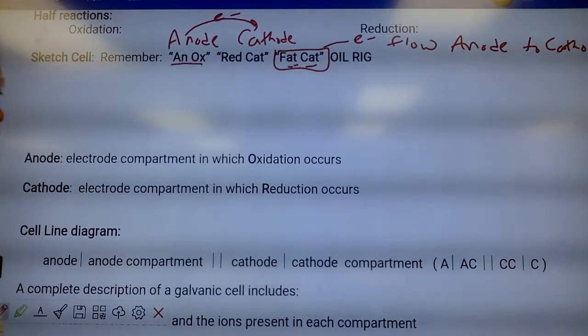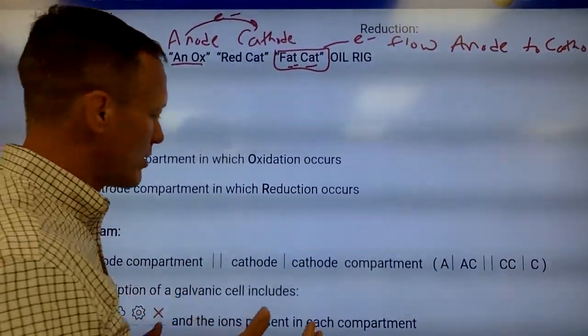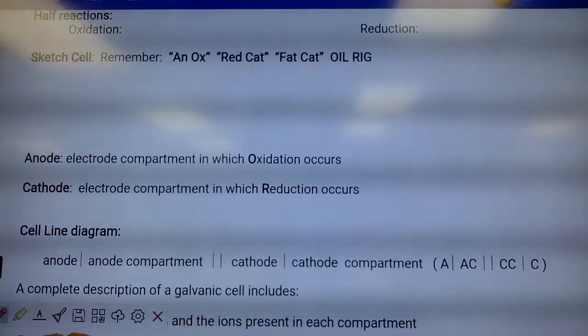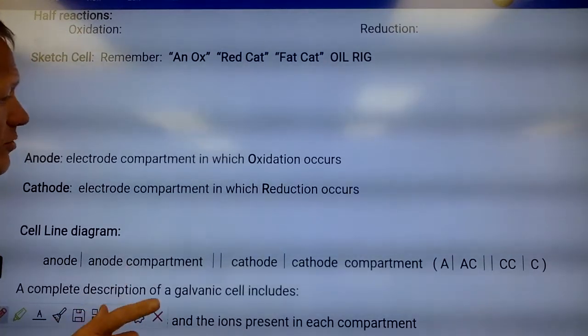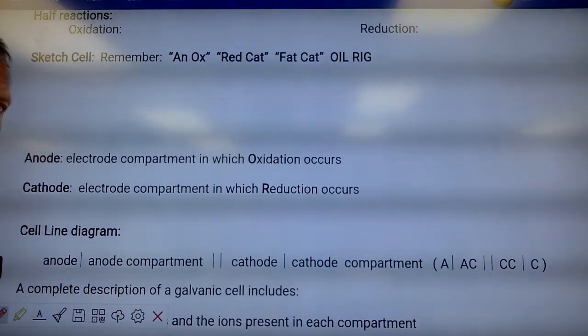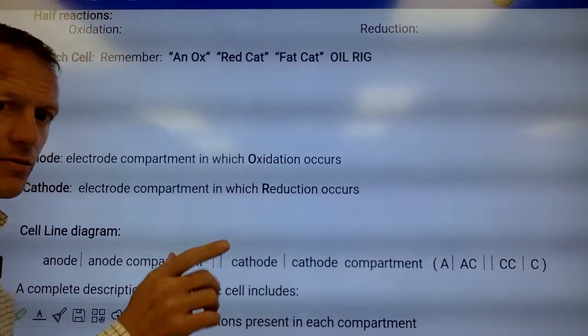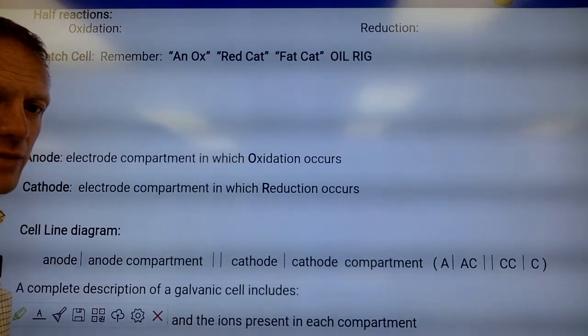All right, let's draw a little cell here. I'll show you one so you see a little bit better example than my little drawing of it. Actually, I might show you this first. Here is a battery actually happening.